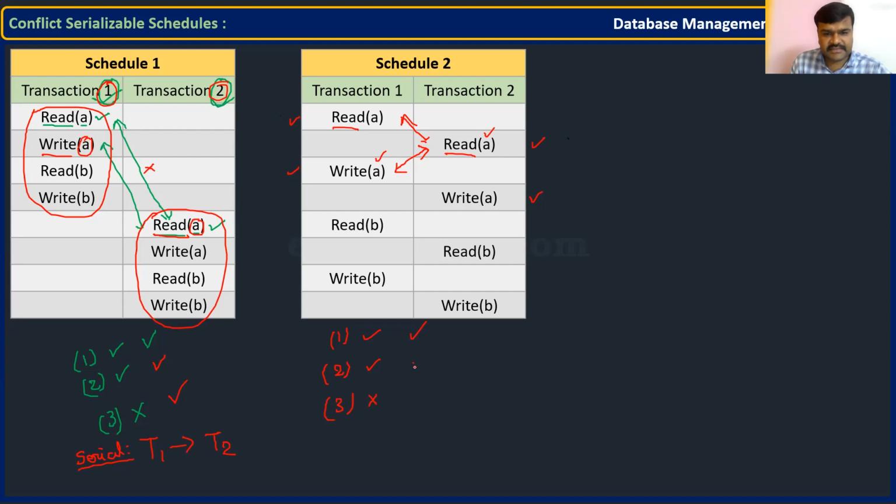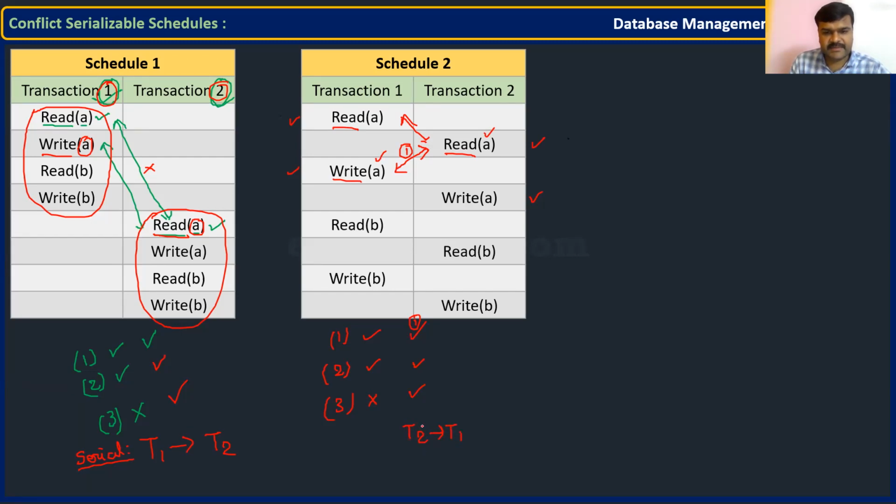Different transactions, correct? And one of them is a write operation, correct? What this one is saying, if I take this as 1, is first T2 and then T1.